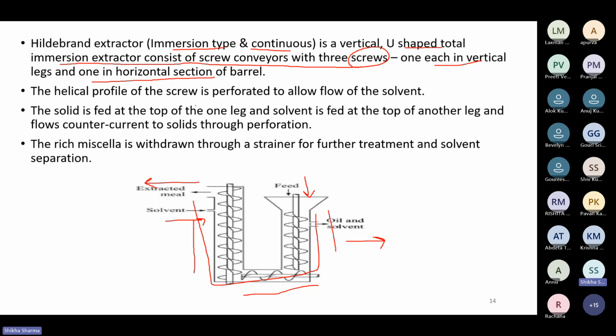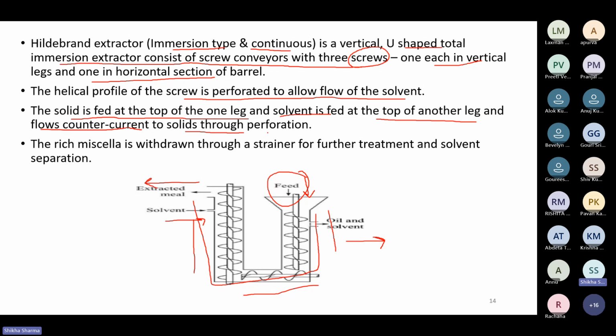The helical profile of the screw is perforated to allow flow of the oil. The solid is fed at the top of one leg, so here we are feeding the feed, and solvent is fed at the top of the other leg, and then it flows countercurrent to the solids through the perforation.